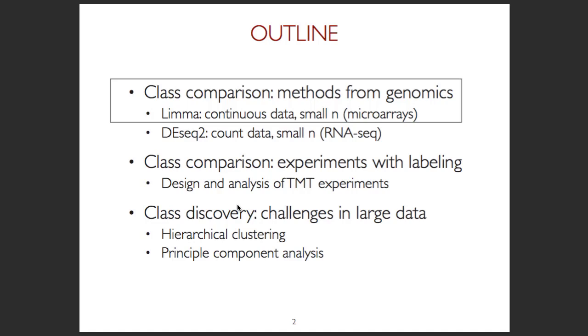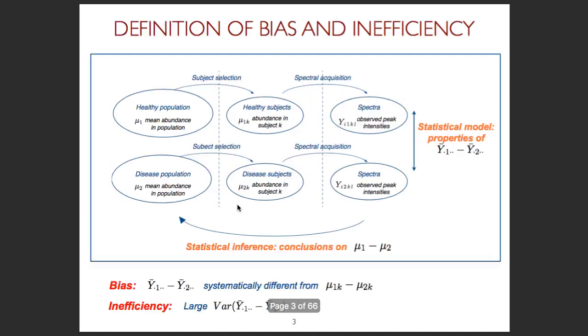LIMMA stands for linear models for microarrays. This was one of the first methods for testing for differential abundance, developed for microarrays, and it was quite successful and quite influential in the statistical literature. I see that oftentimes people are using these methods also for quantitative proteomics.